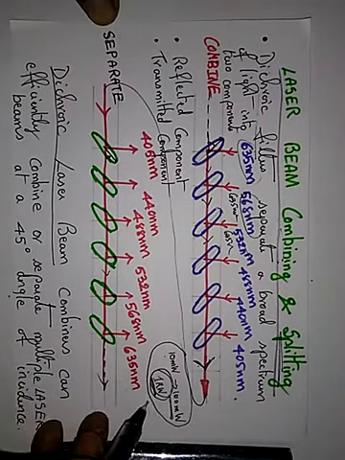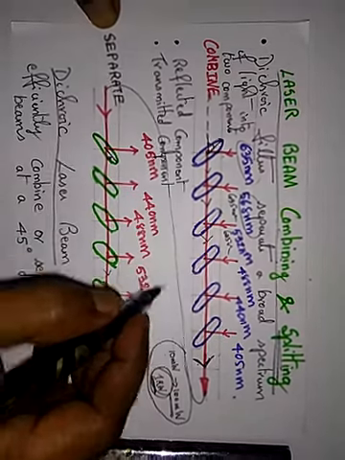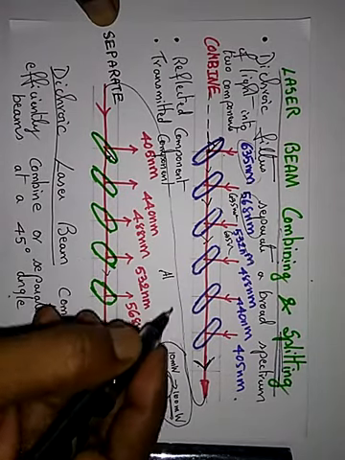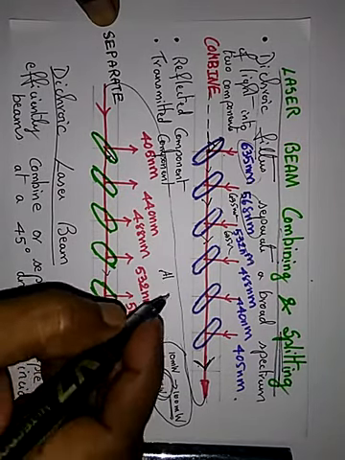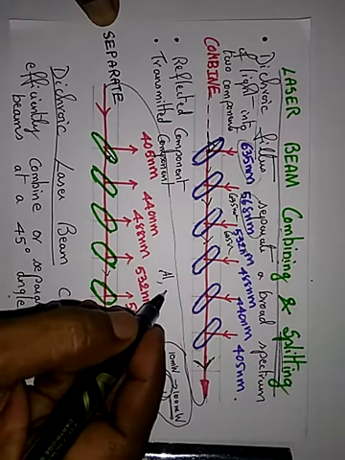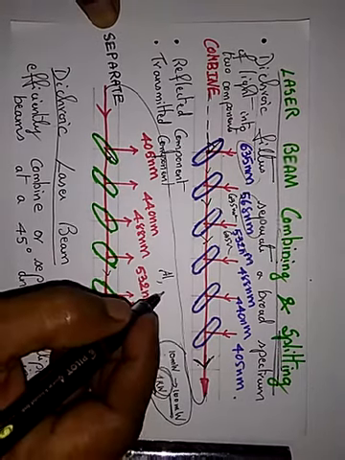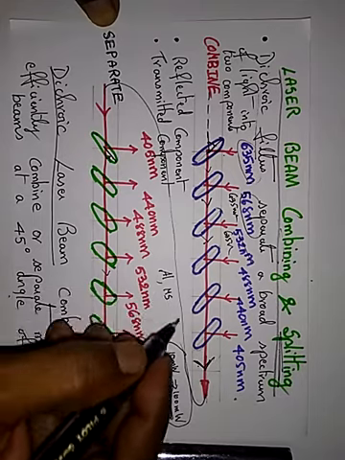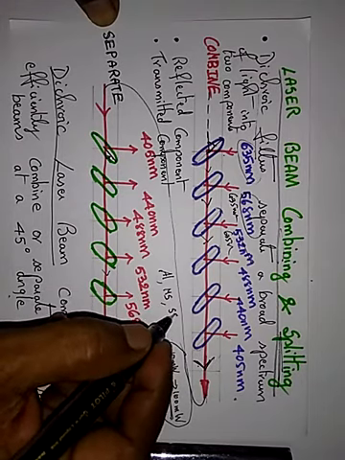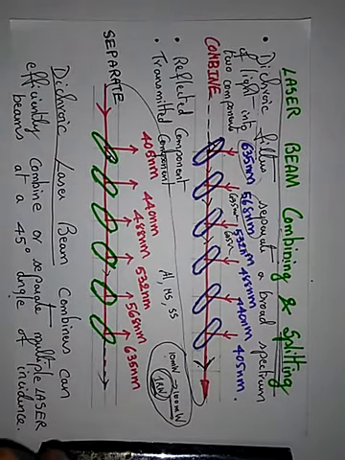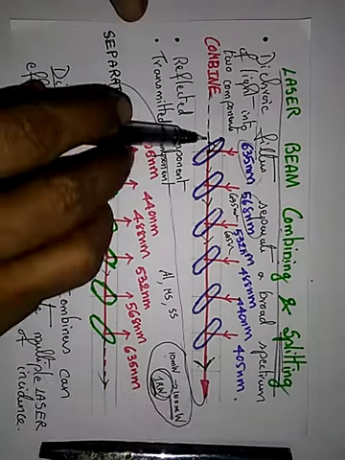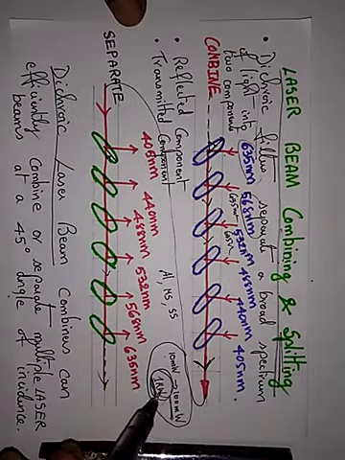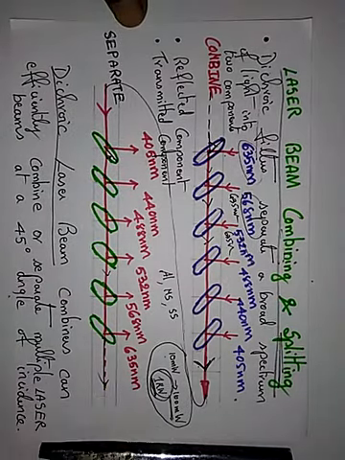That's the main idea, because in metal cutting, if you want to cut or drill aluminium or any other metal, say MS mild steel or SS stainless steel, you must use the appropriate power, and the minimum power required to cut these metals is 1 kilowatt.